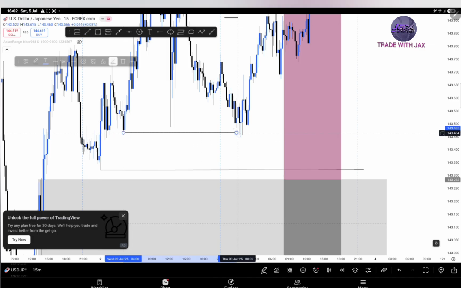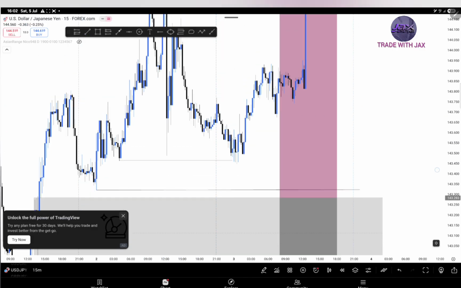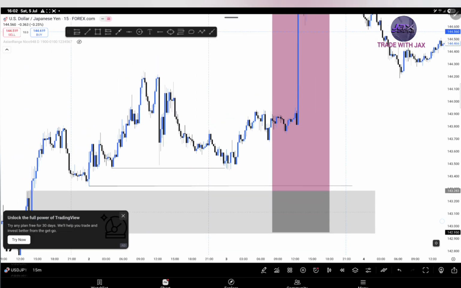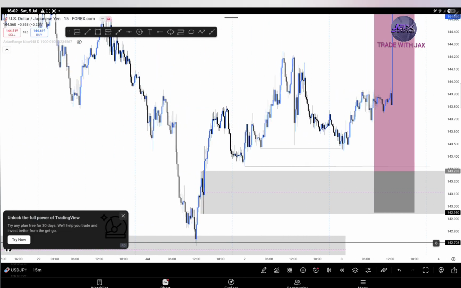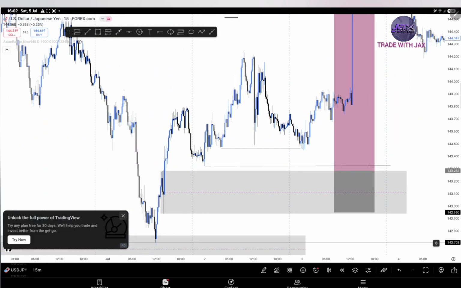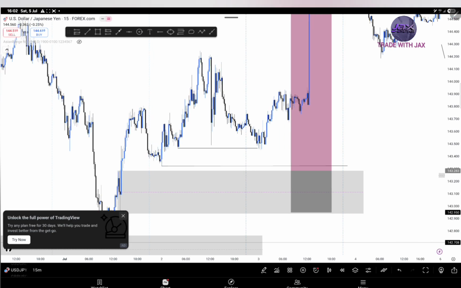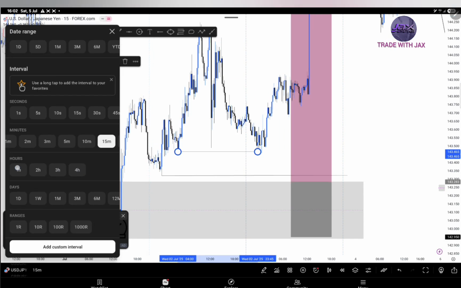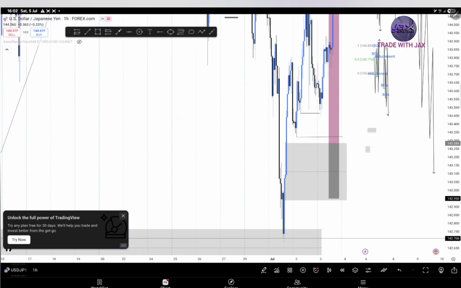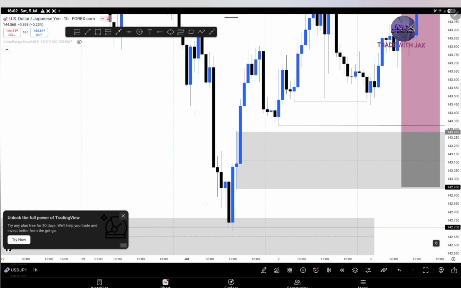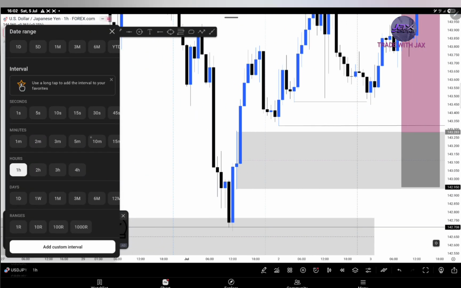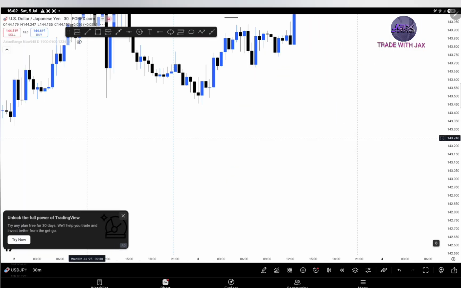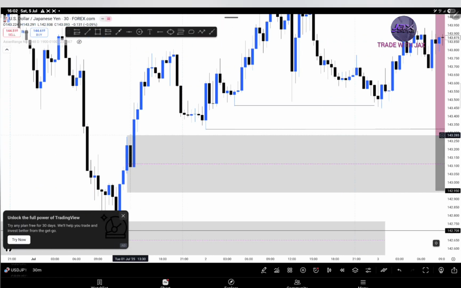Although this setup missed during the news. I was holding this, I was trying to get this setup, but it missed during the news. I saw it set up on a higher time frame actually, the 1 hour. Let me go to 30 minutes so you can see the other block. This is the block I'm taking my entry from.